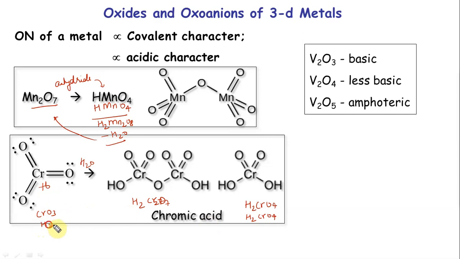I add water, I get H2CrO4. So that's the corresponding chromic acid. Take chromic acid, add 2 times, you get H4Cr2O8. You subtract water from that, you get H2Cr2O7. So what it means is, this is the anhydride.